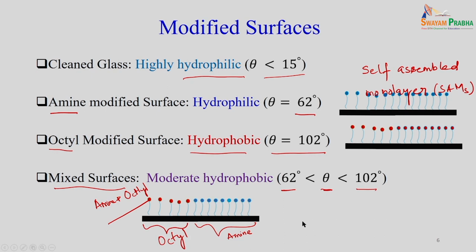So, now we have surfaces with a wide range of wettability, starting from highly hydrophilic to hydrophilic, then hydrophobic, and intermediate between the 62 and 102 degree contact angle.